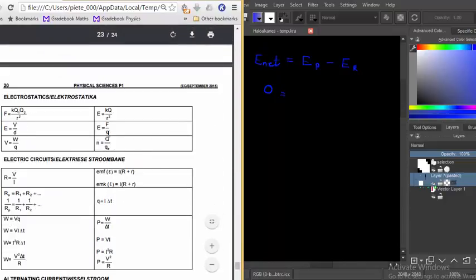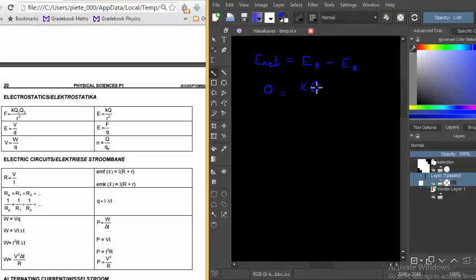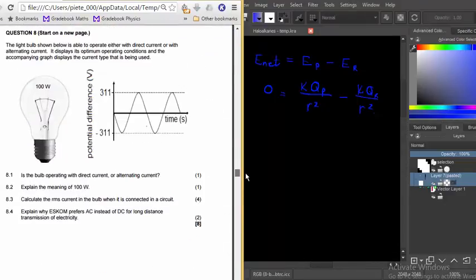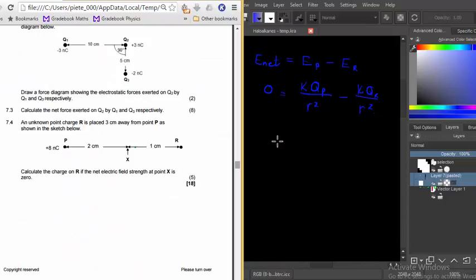So you'll see here, electric field is equal to K times Q. So it's K times the charge of P divided by r squared, minus K times the charge of R divided by its distance squared. If we go back for the values, all we want in the end is these two to be equal.